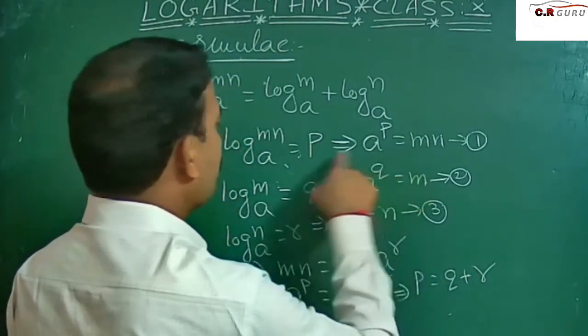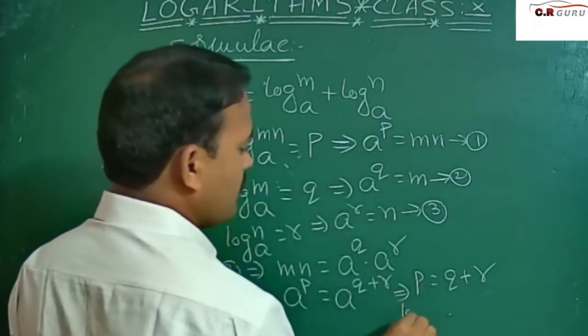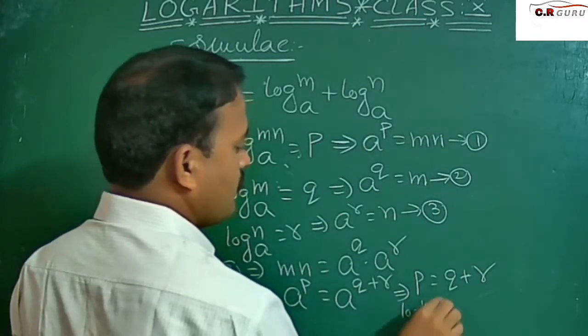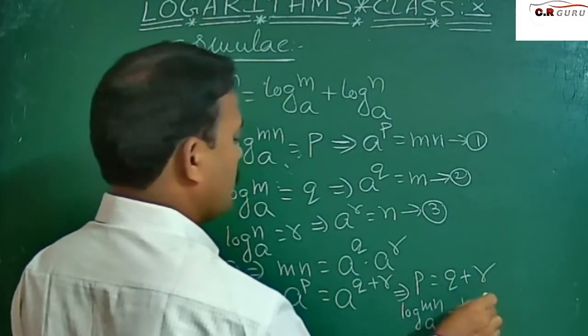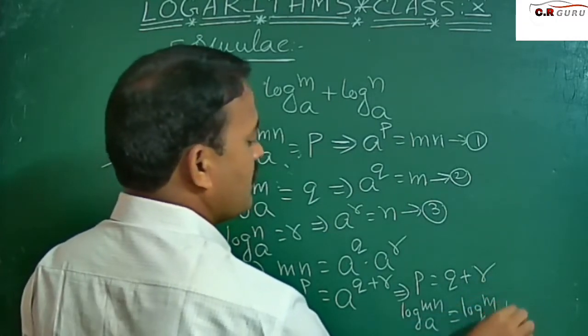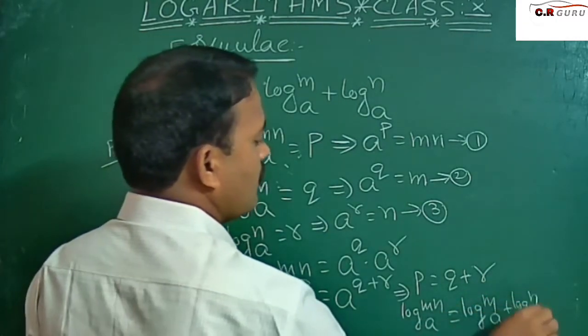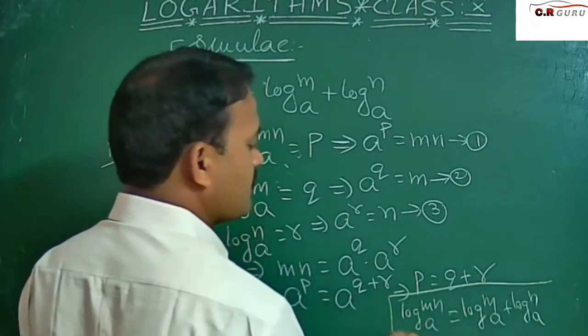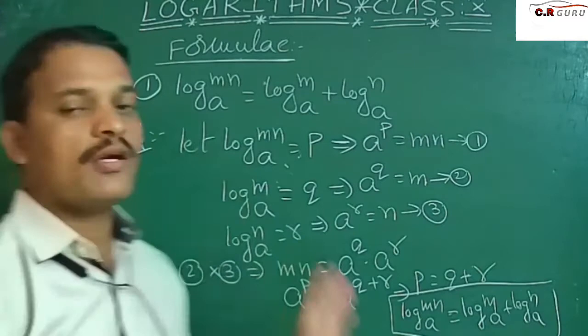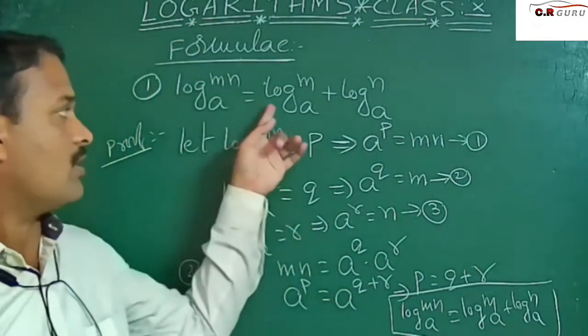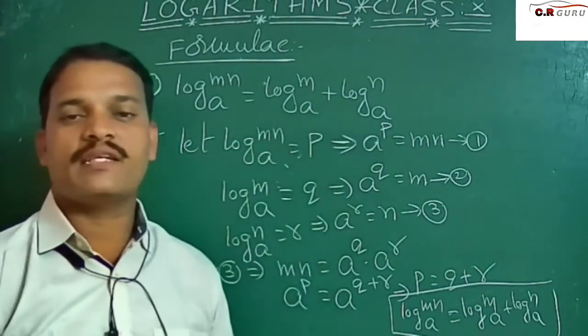P is nothing but log mn base A, which is equal to log m base A plus log n base A. So this is the final result. This is about the product formula: log mn base A is equal to log m base A plus log n base A. Proof.